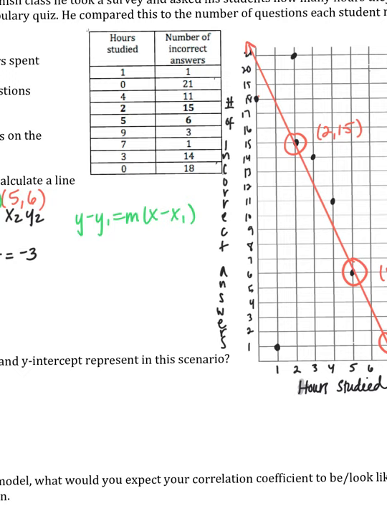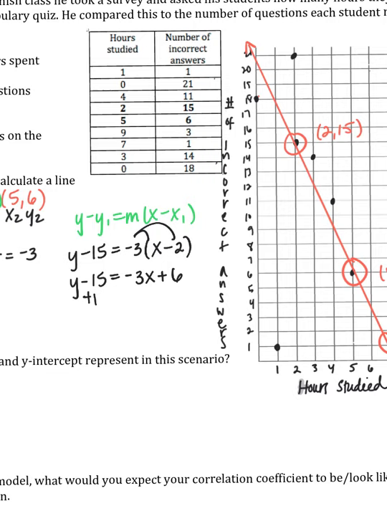So I'm going to go ahead and choose this first point right here to write that equation. So let's do that. y minus y1, which is 15, equals m, which is -3, times x minus x1, which is 2. I can distribute my -3 inside. I get y minus 15 equals -3x plus 6.